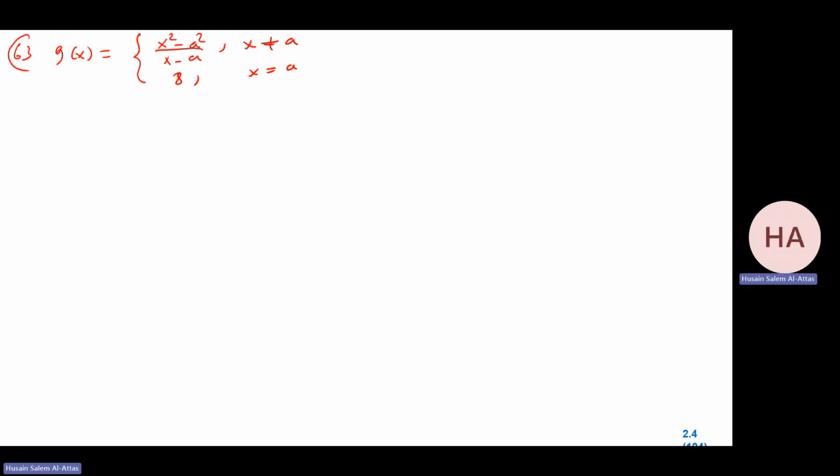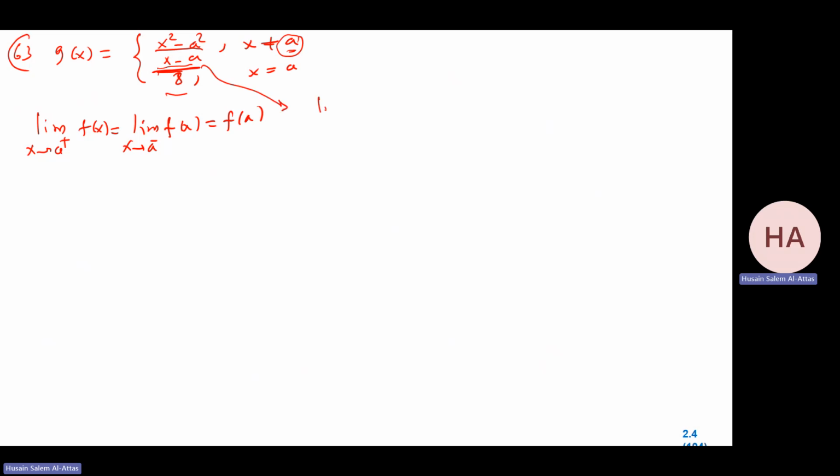I want this to be continuous everywhere. For sure, this is continuous since x not equal to a. So my concern only is about a. So I want the limit as x goes to a from right equal the limit as x goes to a from left equal f of a.